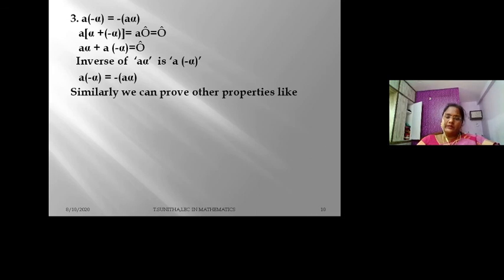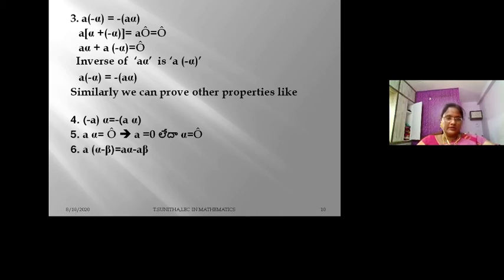Similarly, we can prove other properties like minus a of alpha is equal to minus of a alpha. a alpha is equal to the 0 vector implies a is equal to 0 or alpha is the 0 vector. a of alpha minus beta is equal to a alpha minus a beta. a alpha is equal to b alpha implies a is equal to b. The last property is a alpha is equal to a beta implies alpha is equal to beta.